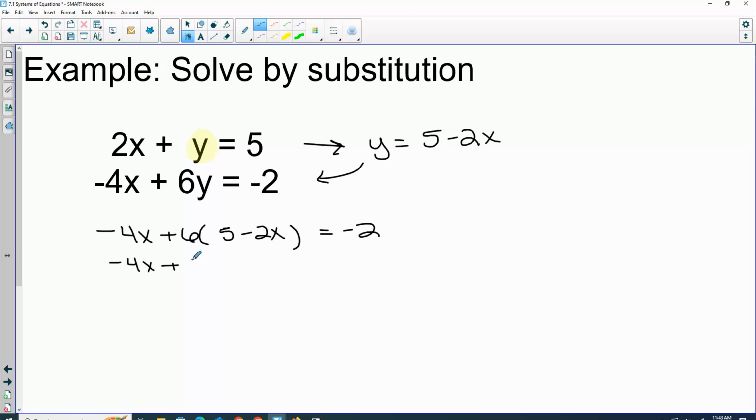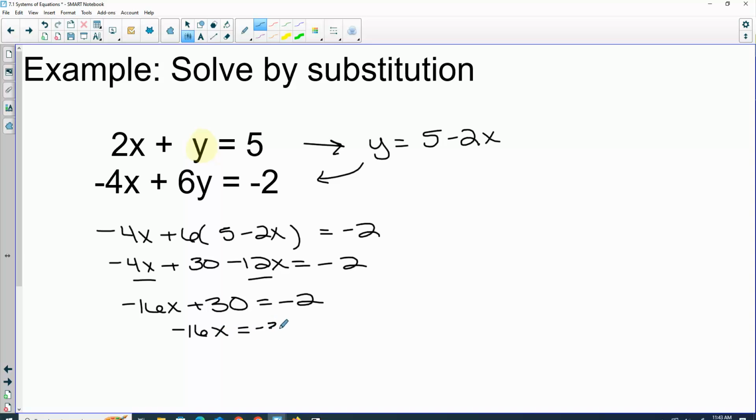So if we distribute, we get 30 minus 12x. Negative 4x, negative 12x, negative 16x. 30 equals negative 2. Subtract the 30. Divide, and x is 2.